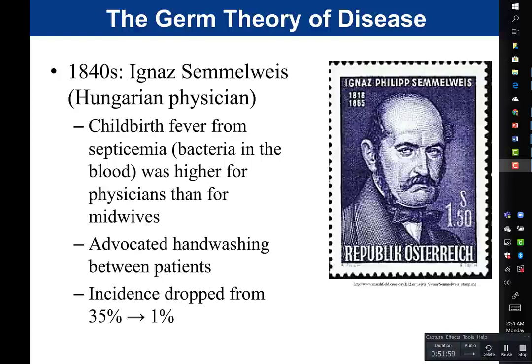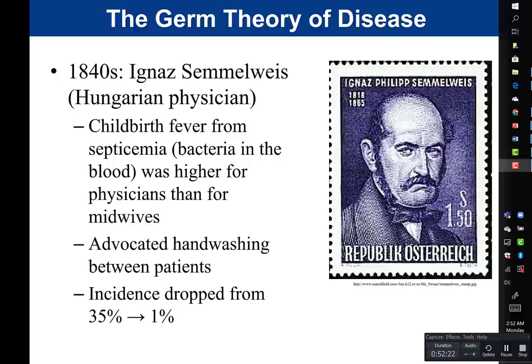Because at this time, doctors were thought to be these superior people and that they were just inherently clean. And so they would do their dissections in the morning of the cadavers and then would not wash their hands and would deliver babies. And as a result, there was a high incidence of death from something called childbirth fever.